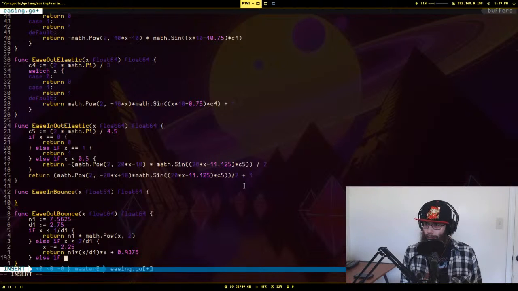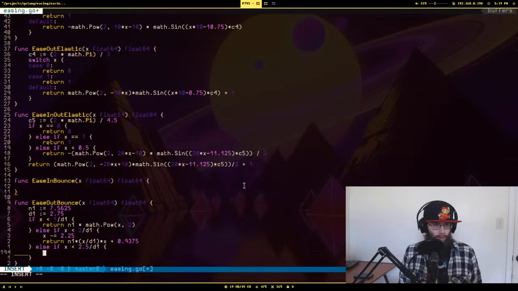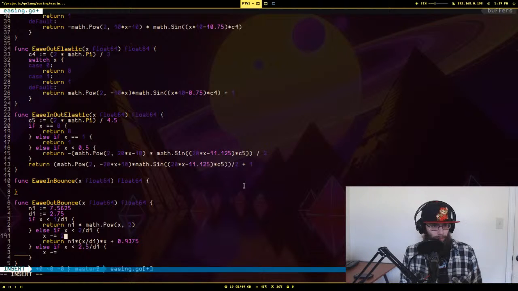Else if x is less than 2.5 divided by d1, x minus equals... Oh, nope, wait, go back up. This is not this. I got ahead of myself. This is 1.5.